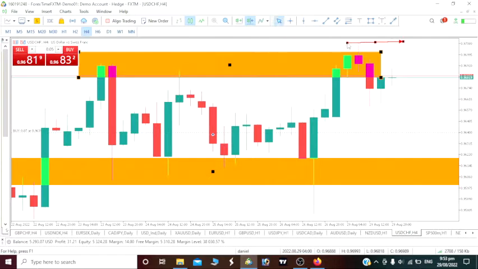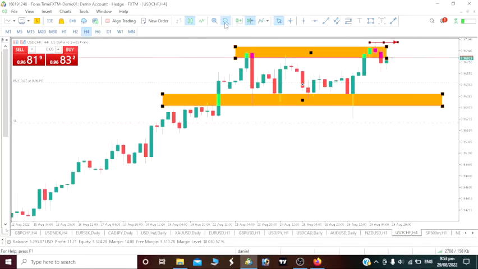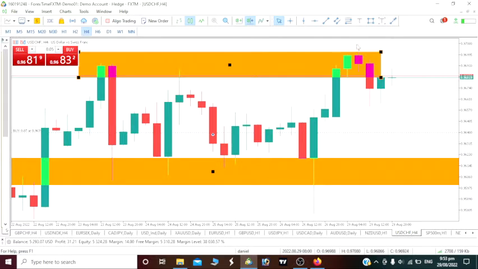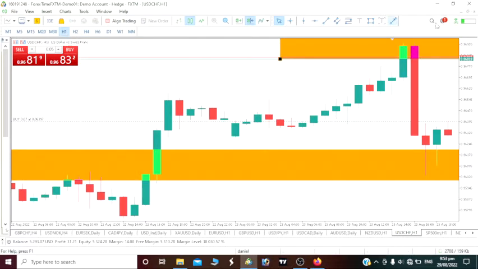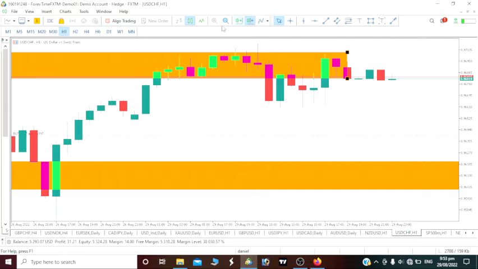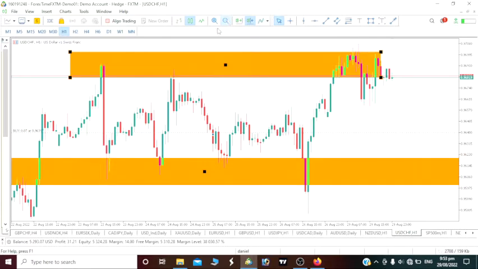So USD Swiss franc, we are still aiming to rally up on our daily time frame. But before it rallies up, wait for price to break above 0.9708.